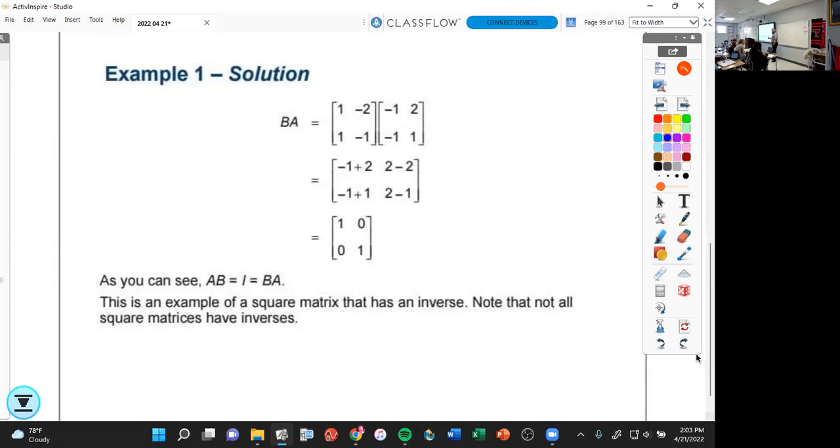You can't get to the identity. You don't get the identity. Like, if it has a number above or below the one. Or maybe this number was a 2 and this was a 1. So it's automatically like, okay, no inverse.